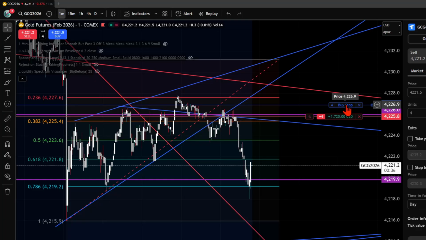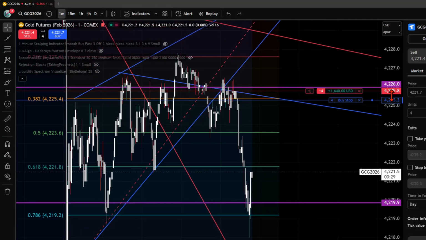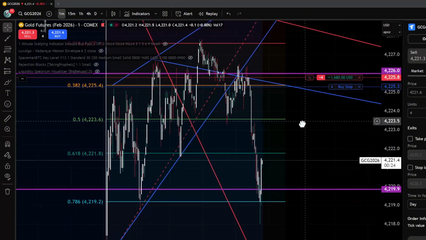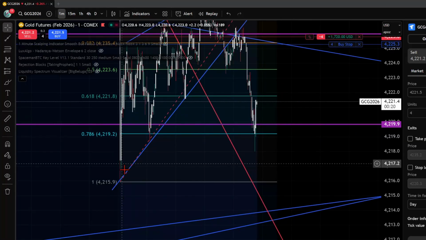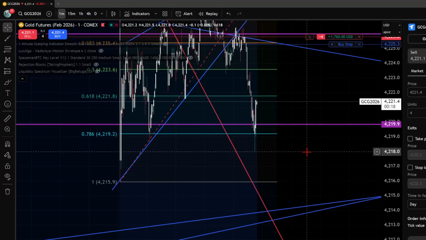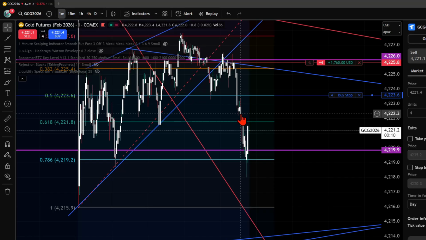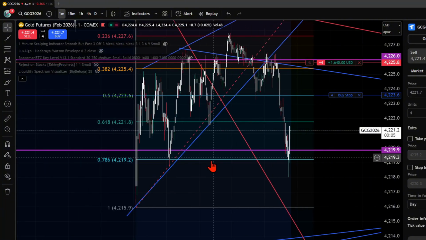I think the smart thing to do would be to at least protect our position here. I don't believe it's going to come back up. Now, what we're looking out for is that we didn't break this low. Since we didn't break this low, I'm going to come up to this shoulder right here, and this is going to be the first area that it bounces off of.